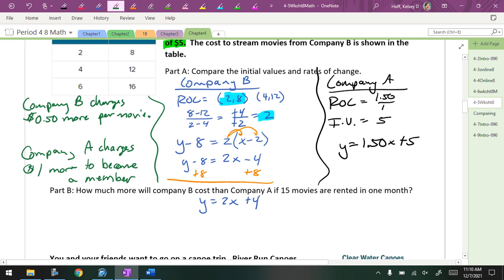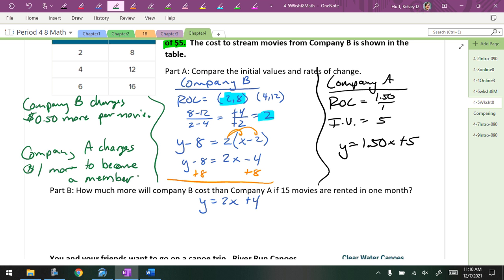Do you always have to tell me which one is more? You could easily write a sentence like this. Company A charges 50 cents less per movie, but charges $1 more on the initial fee. One sentence, if you see that.